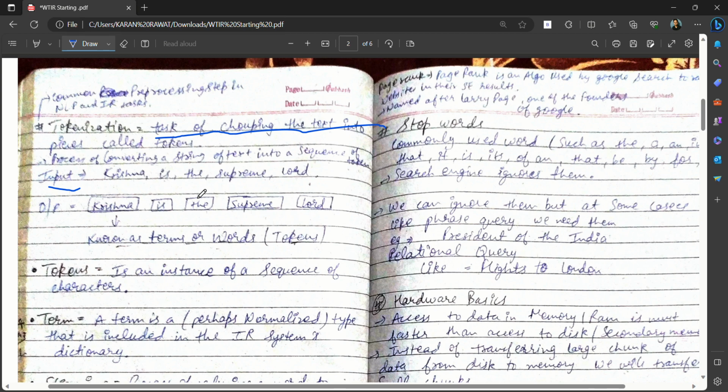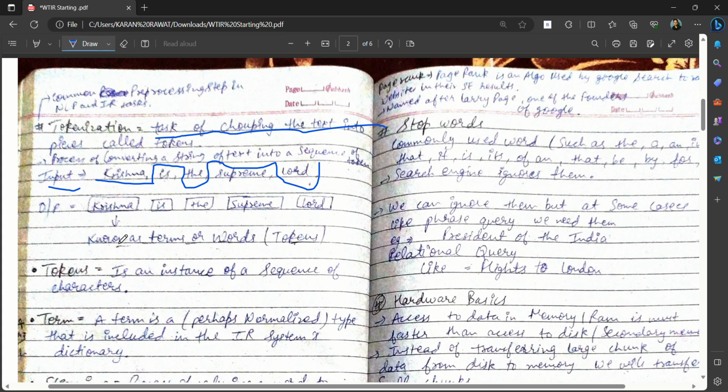Krishna, is, the, supreme, lord are now all separated, and we have chopped them into pieces.